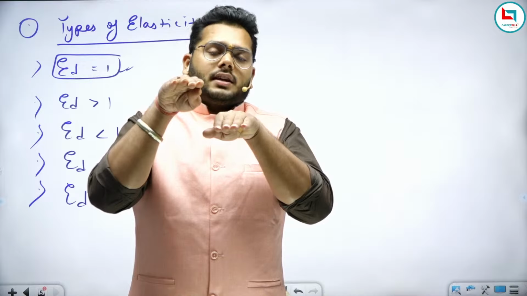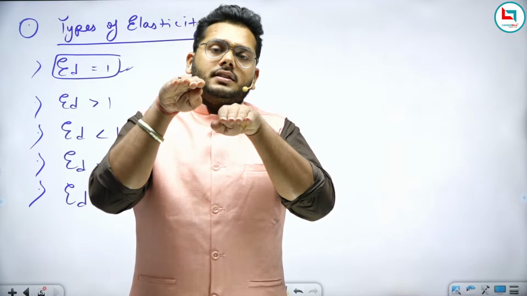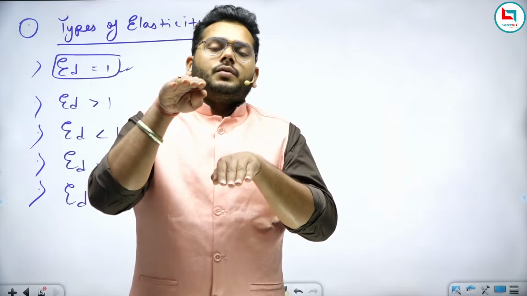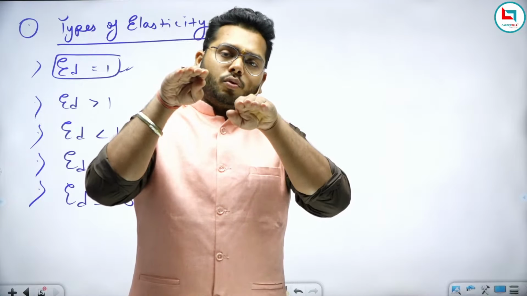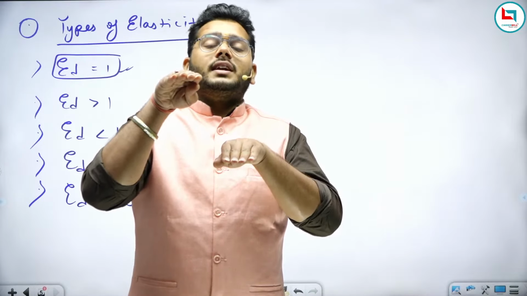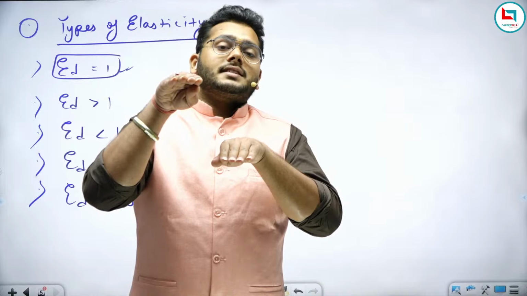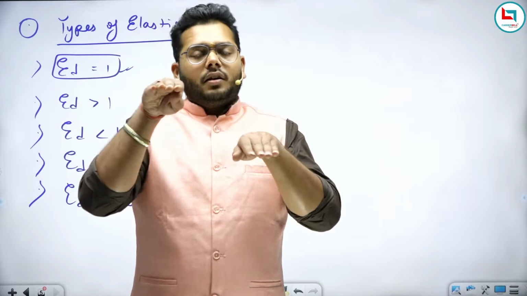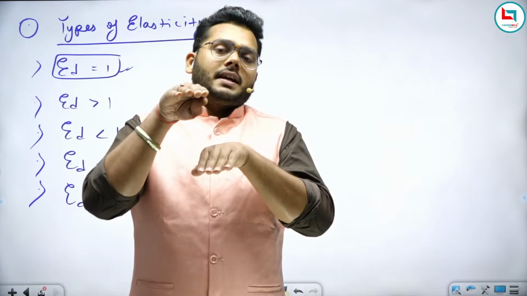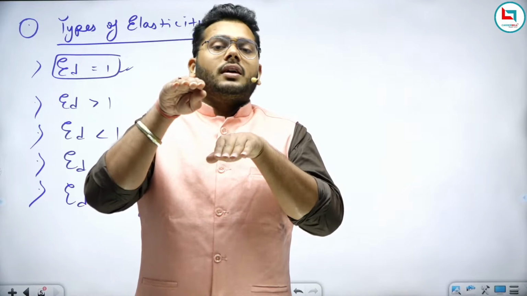How much is it decreasing? If it is decreasing by the same 20%, the change in price is 20% and the change in quantity demanded is 20%, so we can say the change in price is exactly equal to the change in quantity demanded.